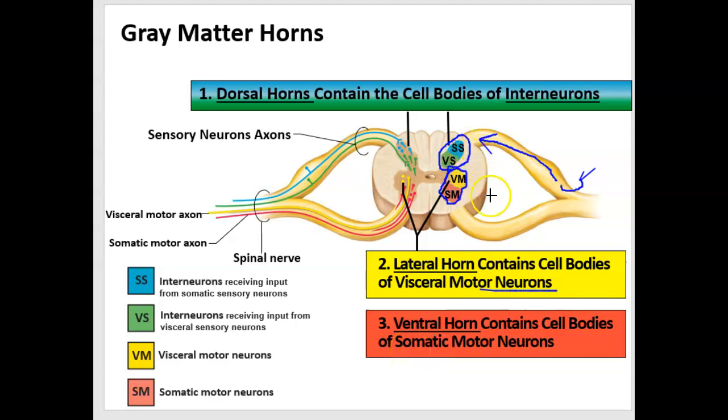And there's further subdivision. The lateral horn tends to have neurons that are going to control smooth muscle and glands, so we call them visceral motor neurons. Whereas the ventral horn has motor neurons that will be controlling skeletal muscle, so we call those somatic motor neurons.